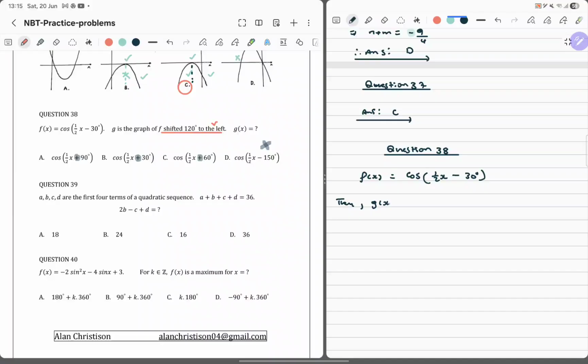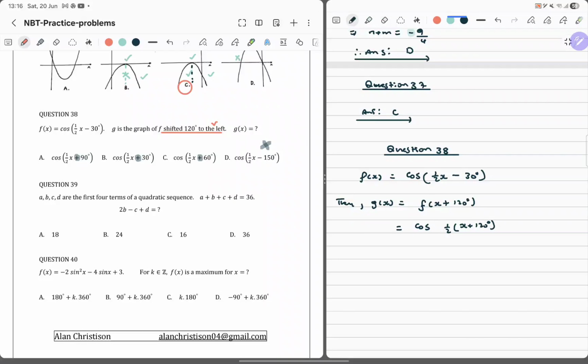Then g of x is f of x plus 120 degrees, because shifted to the right, sorry, to the left is going to be plus 120. So this means this is cos of, where we see x is going to be a half. X is replaced by x plus 120 degrees. Be very careful here.